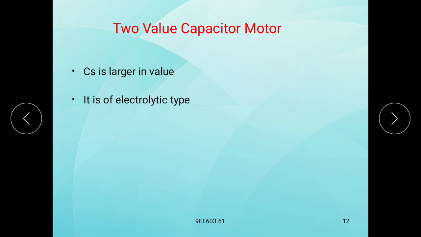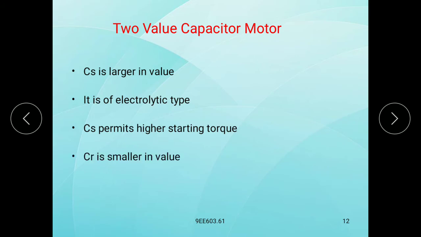Now CS permits higher starting torque, so CS is larger in value. CR is smaller in value, so it is oil type.